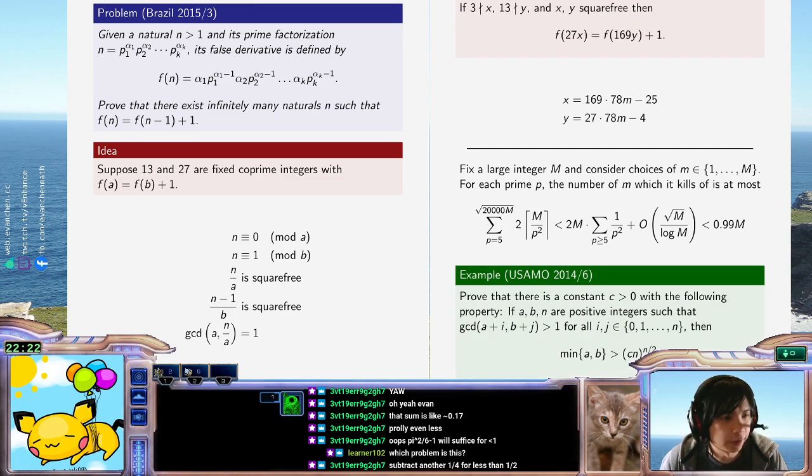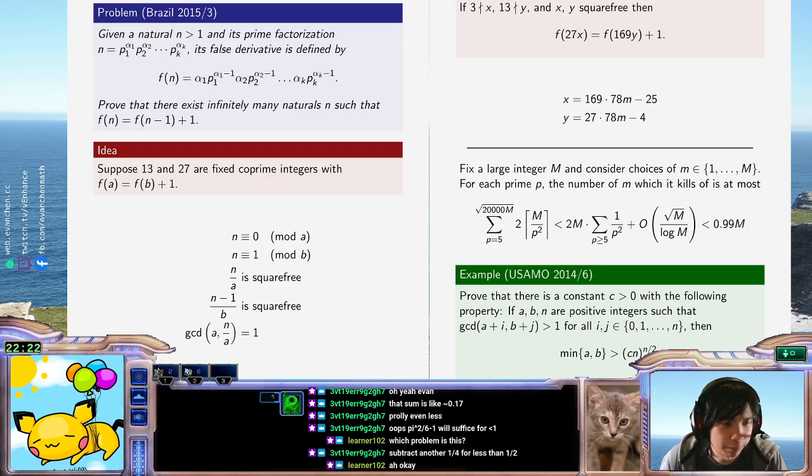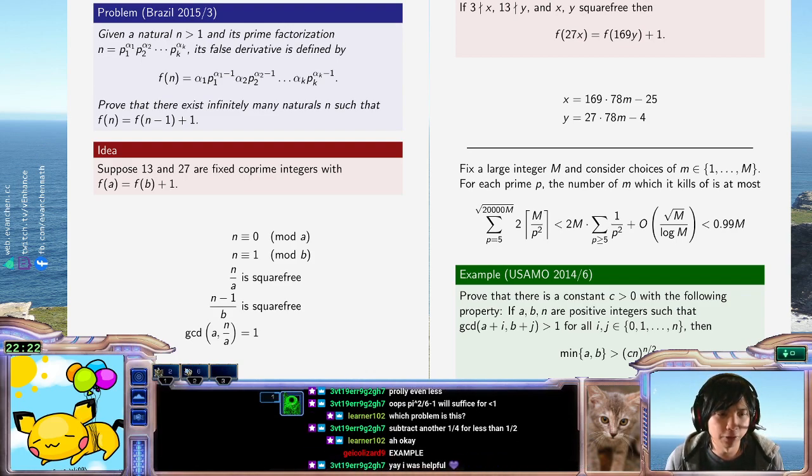Basically, if you have a bunch of numbers such that a plus i and b plus j have a common factor, then you get some bound on a and b. The reason is you get an n by n grid of common factors, and each prime can only show up so many times. So a lot of the primes in that table have to be really big, is the TLDR for that problem.